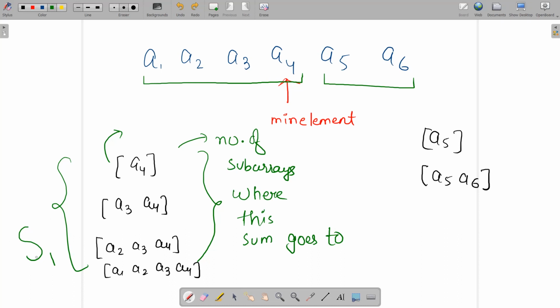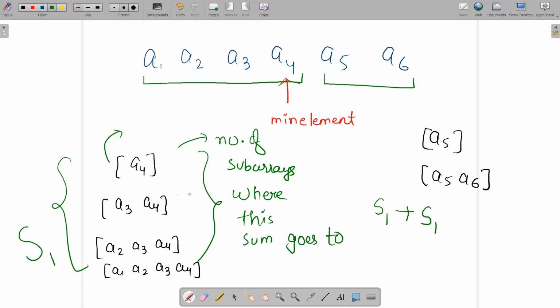Let S1 be the sum of all those subarrays that lie in the left partition. Now this can be extended for the positions lying in this range. So let S1 be the sum. This is the subarray that includes A4. We are going to extend this to A5, so this S1 will also get added.